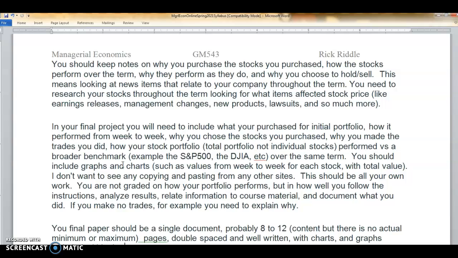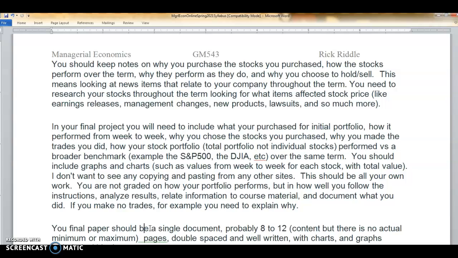Right? You're not going to be graded on how well your portfolio performs, but rather how well you analyze the performance, how well you compare your company stock versus the broader market versus your peers. Now, why are you comparing it versus a broader market? Because for example, if your portfolio is down 3% over the course of the term, that sounds pretty bad.